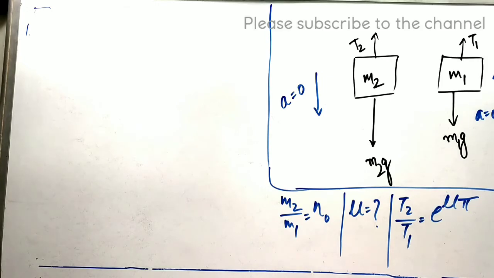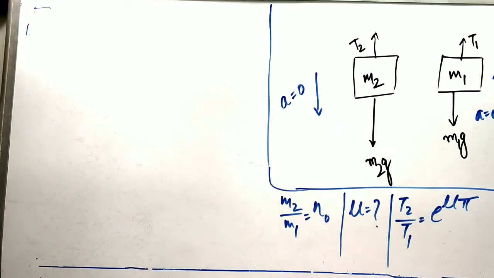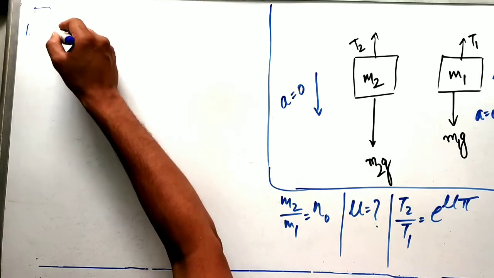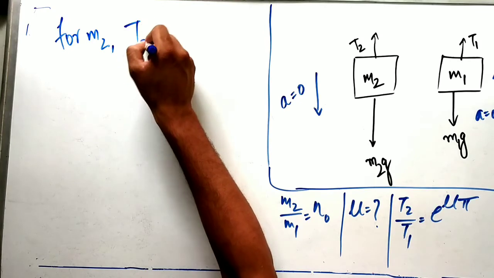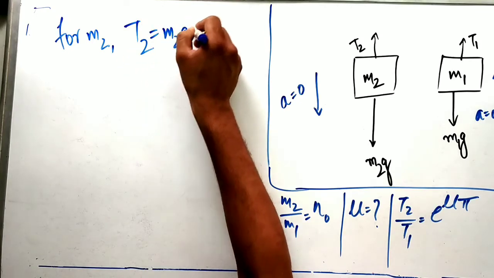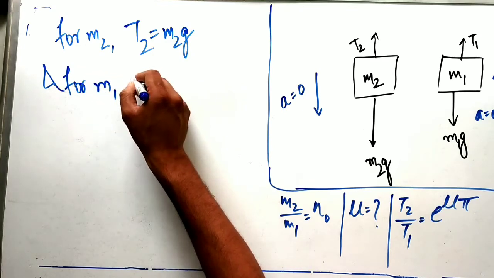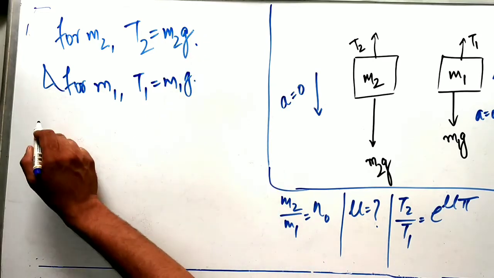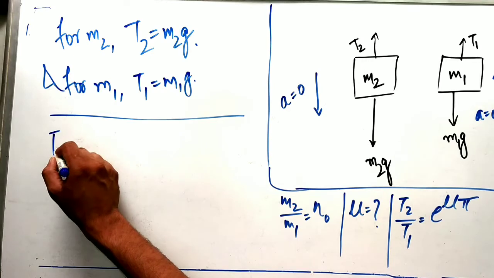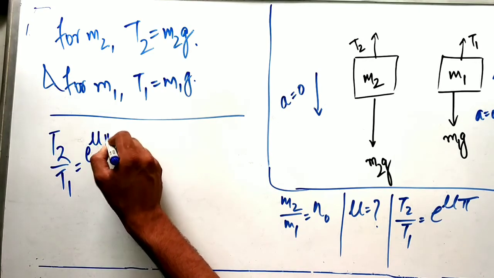Also, if we want to write the equations for these two bodies, since the acceleration is 0, it's pretty simple that for M2, T2 must be equal to M2g, and for M1, T1 must be equal to M1g. Also, we know from our concept that T2 divided by T1 is equal to e to the power mu pi.